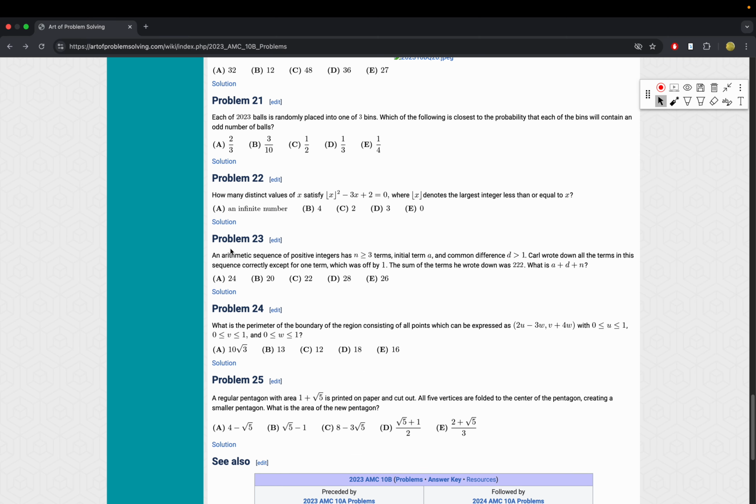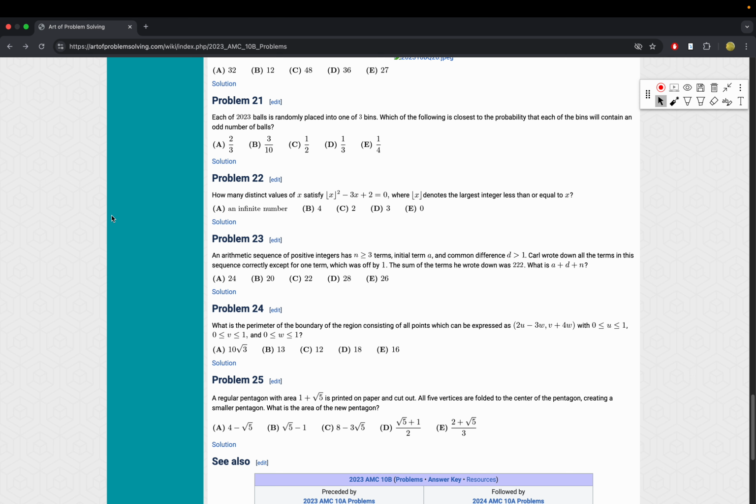Okay, number 24. The perimeter of the boundary of the region consisting of all points. Okay, I don't like these kinds of problems, but I mean, AMC 10, I think it may be doable.